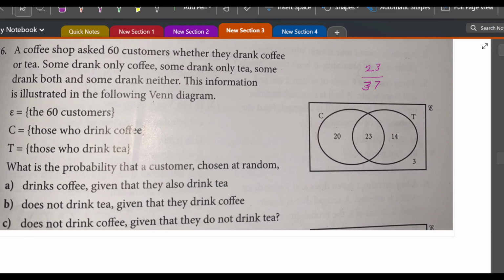That the person you choose does not drink tea. So how many people are there who do not drink tea? 23. And the three who do not drink anything also come under that category, do not drink tea. And then do not drink coffee means 3 upon 23.